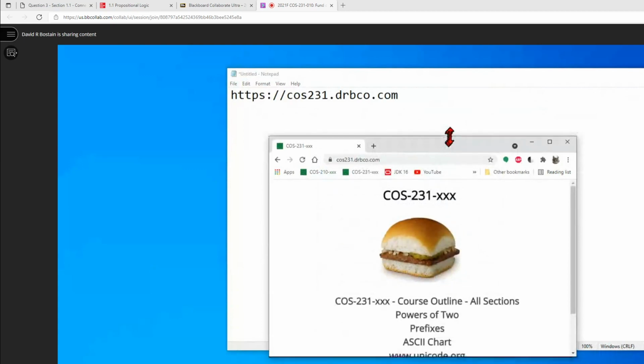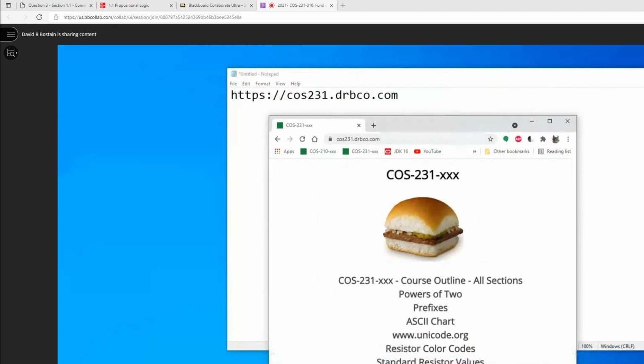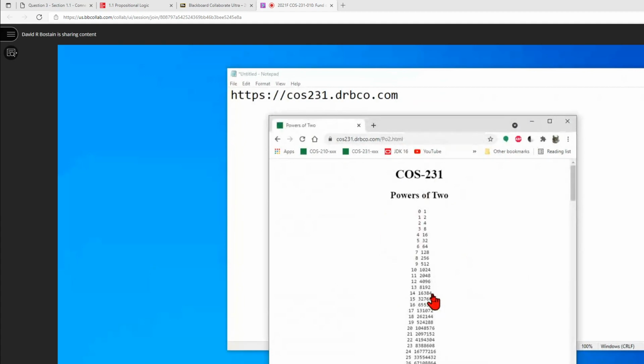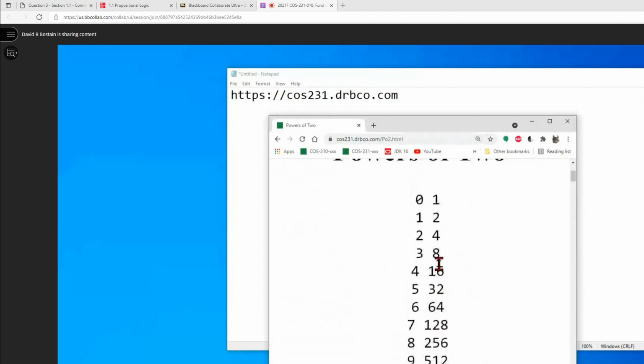You might have to refresh your screen like I did. But one of the items in the list is an entry called powers of 2. So if we click on that, I'll zoom in a bit. We can see 2 to the 0 is a 1, 2 to the 1st is a 2, 2 squared is a 4, 2 cubed is an 8, 4th, 16, 5th is 32, 64, 128, 256, 512.